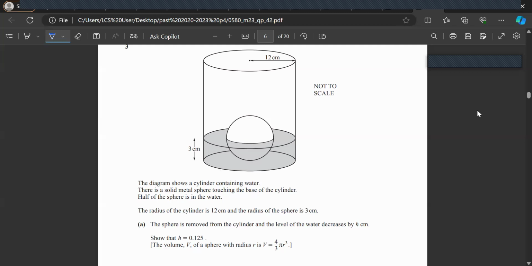So here it is decreased. So what should I do, students? The volume of the sphere subtracted from the volume of the water. Yes.